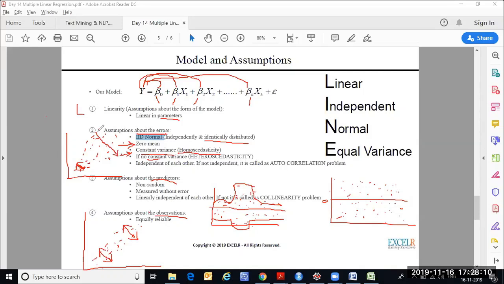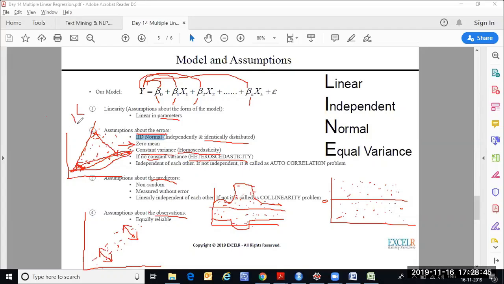Here you have maximum variance. That means your variance is not constant across. This is not an expected behavior, and this kind of behavior is called heteroscedasticity. If the variance is constant, you call that homoscedasticity. If the variance is not constant, you call that heteroscedasticity. If the variance is not constant, then that is a problem that you need to deal with.